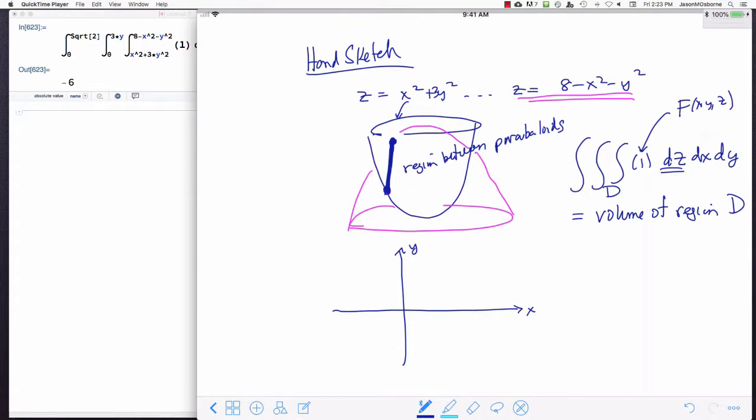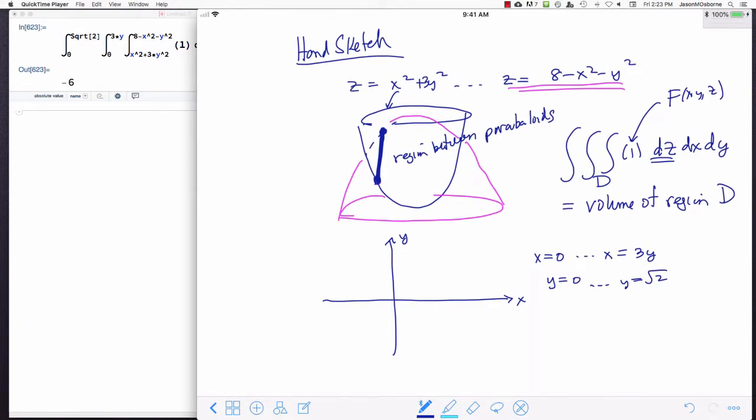Okay. Now, which part of the 3D region between these paraboloids are we looking at? The other parts of the limit said that x was going from 0 up to x equal to 3y, and y was going from 0 up to y equal to the square root of 2.